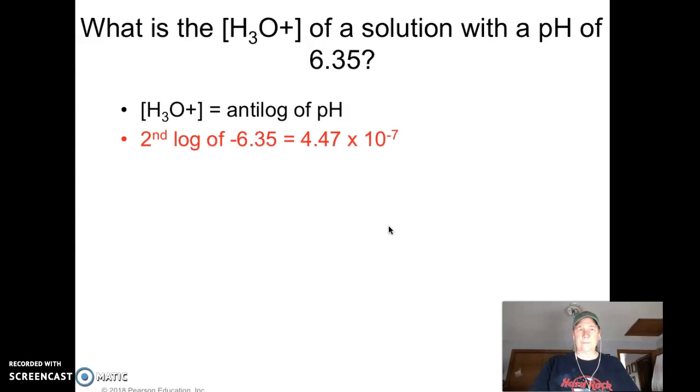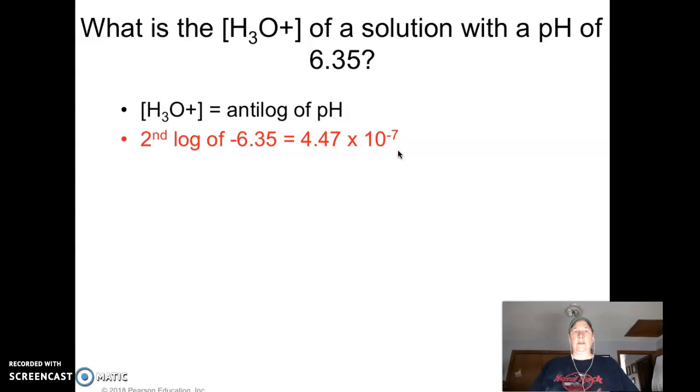Okay, so in order to get that, oh, I know what I did. On your calculator, you have to do negative 6.35, because remember we have that negative in there. So negative 6.35 second log. And I got a big, huge number. Wait, 6.35 negative second log.